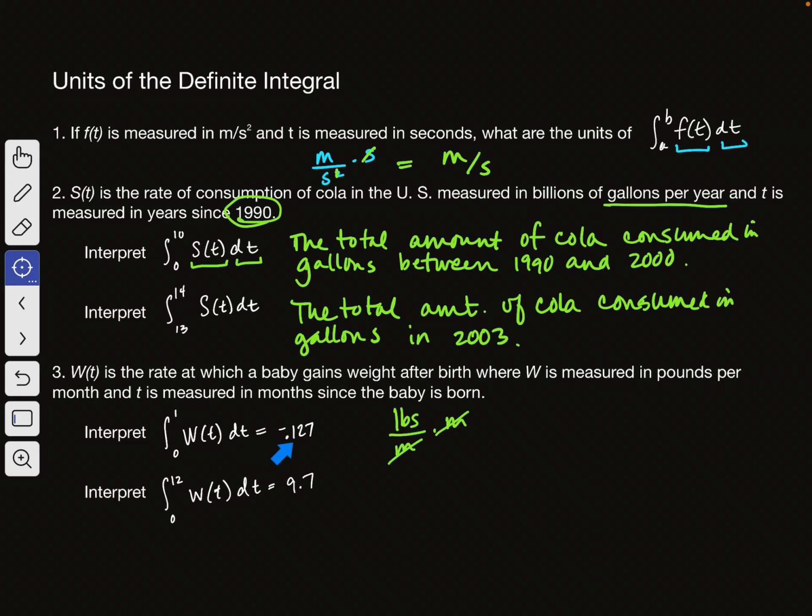And so that's what this one's saying. The total amount of weight that is lost during that first month is 0.127. This next interval from 0 to 12, so we're looking at the first year of life. So this is the total pounds gained over those first 12 months is 9.7 pounds.